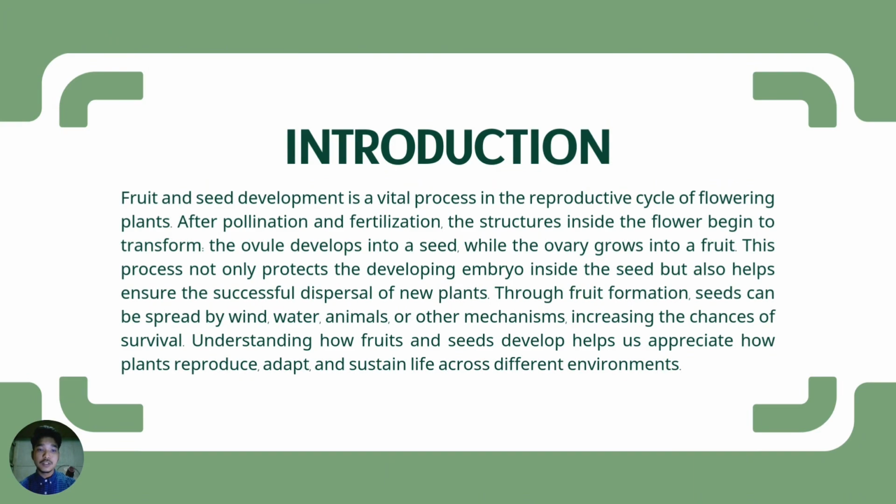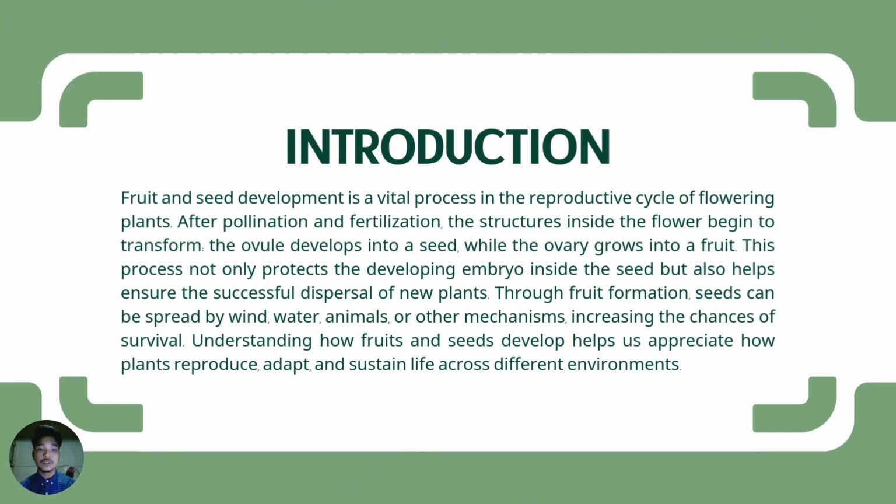This process not only protects the developing embryo inside the seed, but also helps ensure the successful dispersal of new plants. Through fruit formation, seeds can be spread by wind, water, animals, or other mechanisms, increasing the chance of survival.